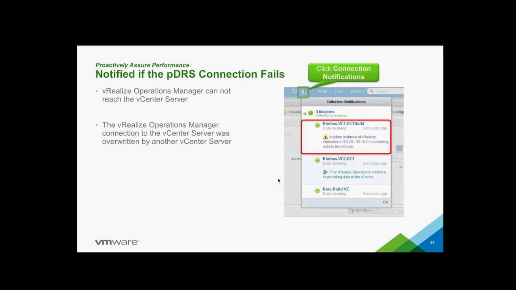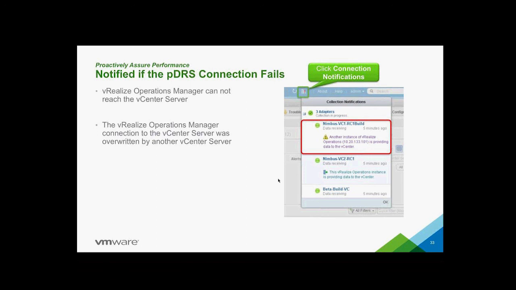Again, if you do that by mistake, or if you want to do that, be prepared for this red box, which says you have another vROps instance sending data to this vCenter, hence I cannot. So the only way to solve this would be to unregister and run through one vCenter.